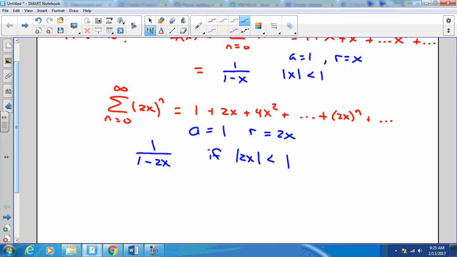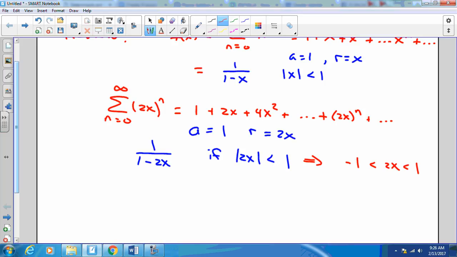Now I want to examine this inequality a little bit more closely, because this inequality is going to give us an important quantity, the interval of convergence. If I take this inequality and explore it a little bit, what I'm saying is that this will converge for all x's such that 2x is between negative 1 and 1.